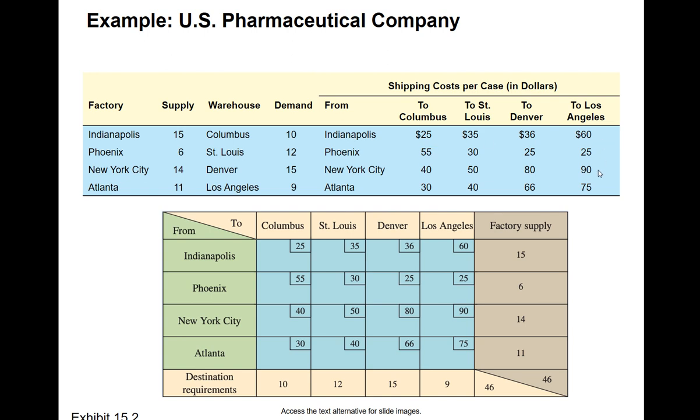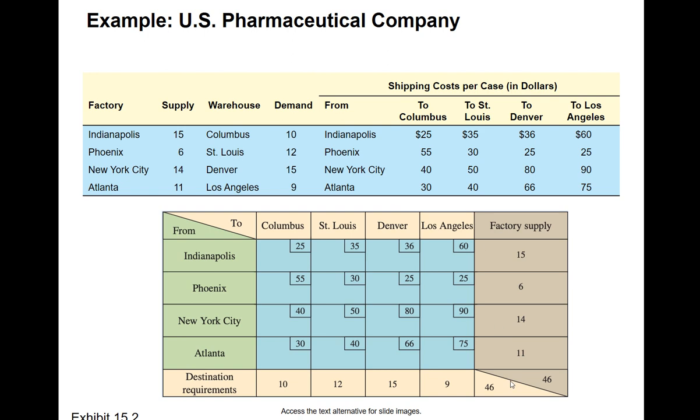We have 16 prices in total, because Indianapolis could deliver to Columbus, St. Louis, Denver, or Los Angeles. So there are 4 choices for one supplier, and with 4 suppliers we have 4 times 4, 16 possible choices. This is all the information we obtain.